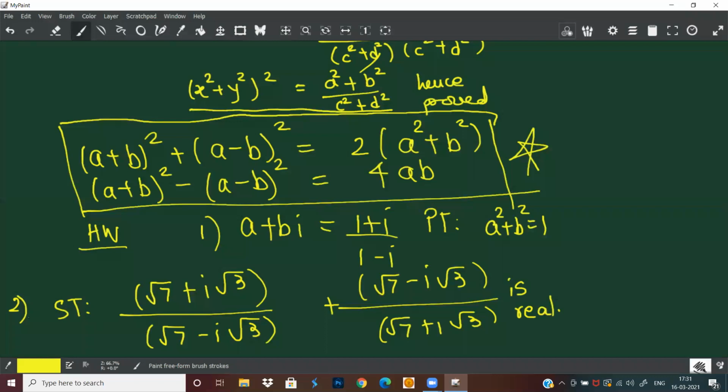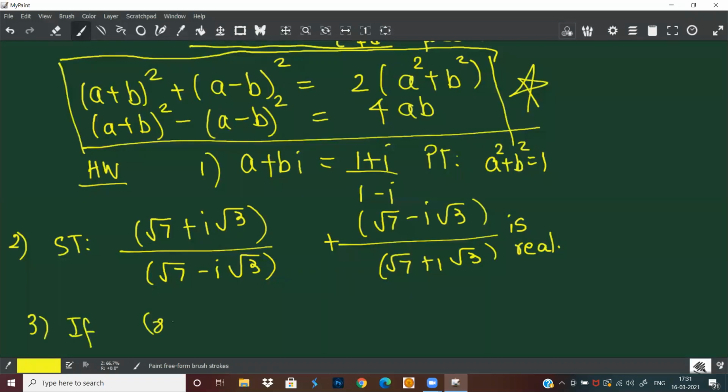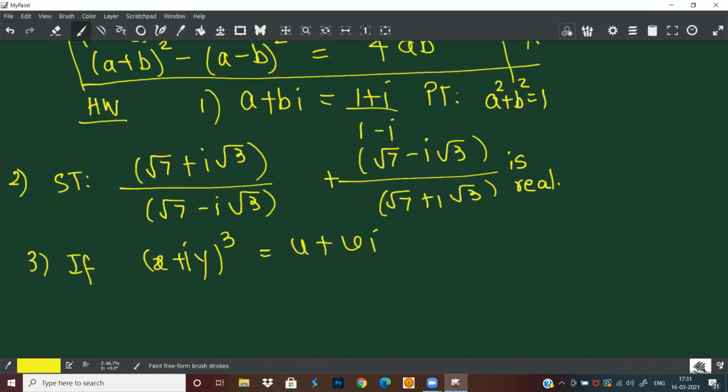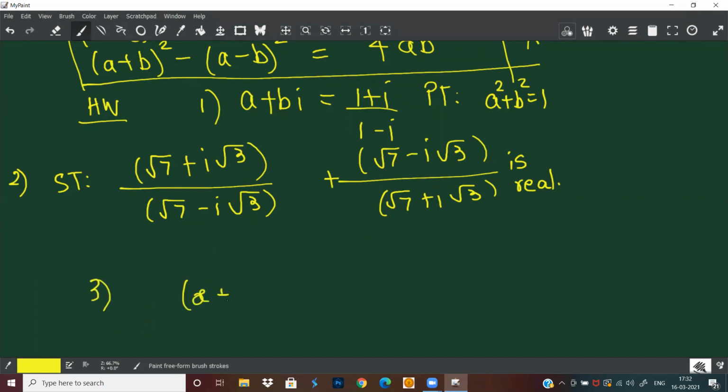And one to try by yourself, of the type we just did: if x plus iy the whole cube is u plus vi.